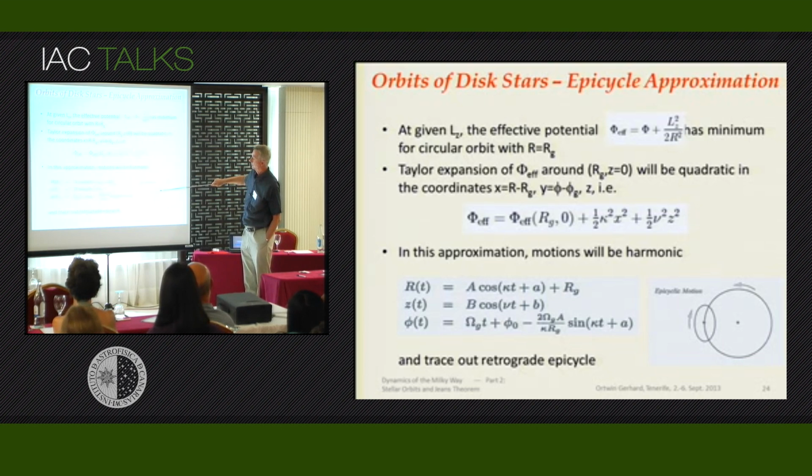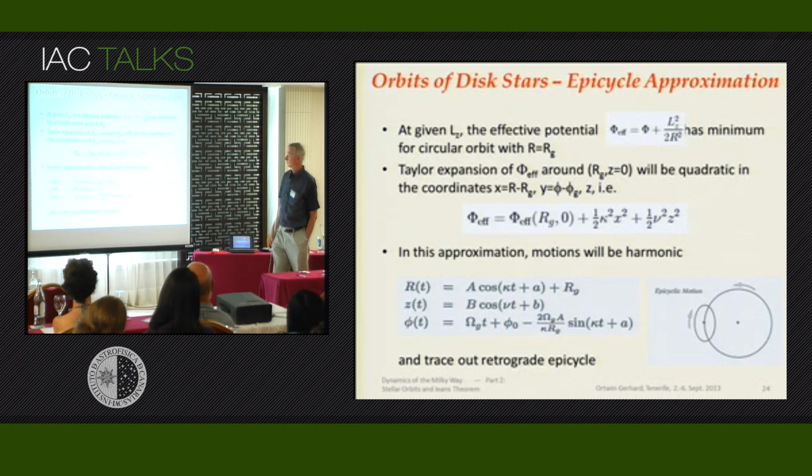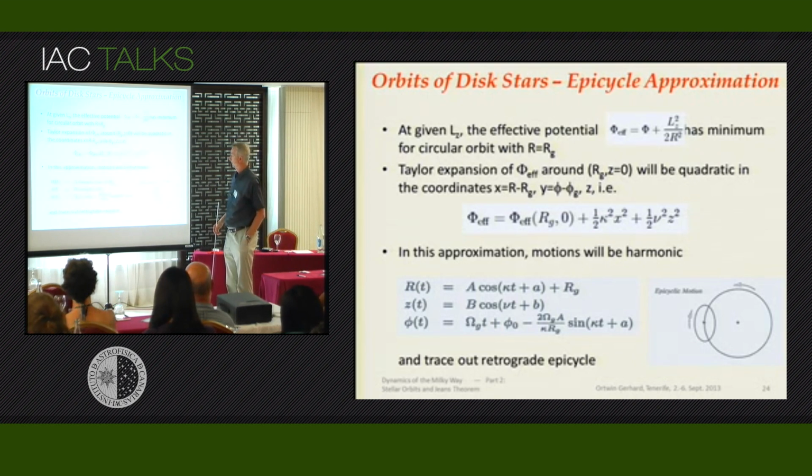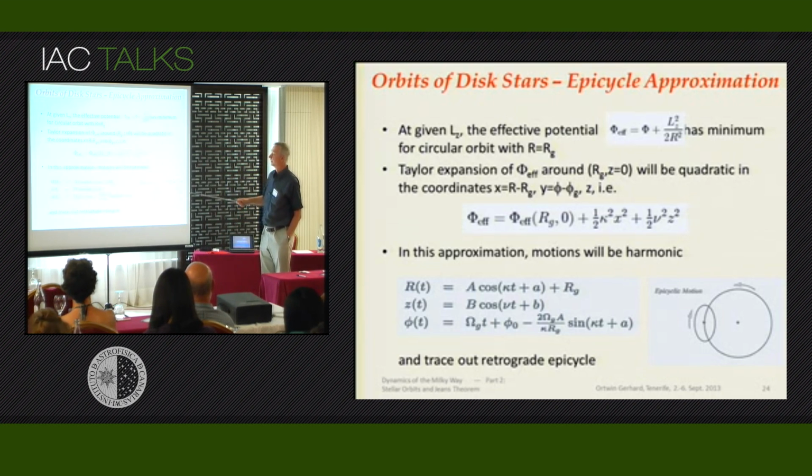And so what this comes out geometrically is that if your circular orbit goes around the galactic center this way, then your epicycle is an excursion of the star with frequency kappa that goes around the guiding center on the circular orbit in this retrograde fashion, in such a way that the amplitude of the excursion is larger in the azimuthal direction than in the radial direction.